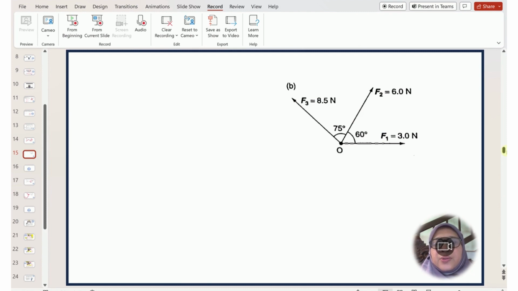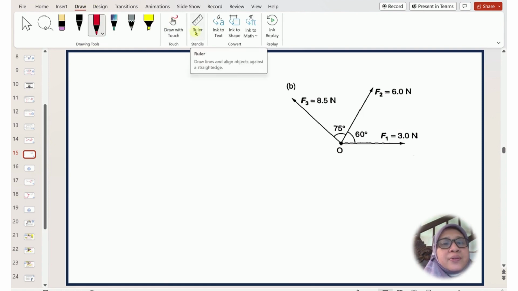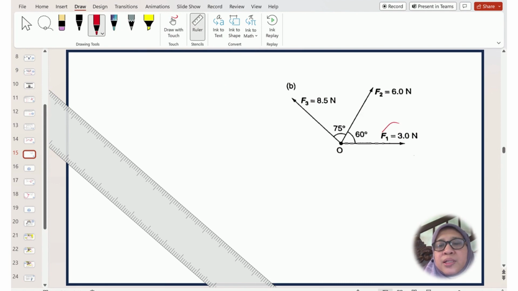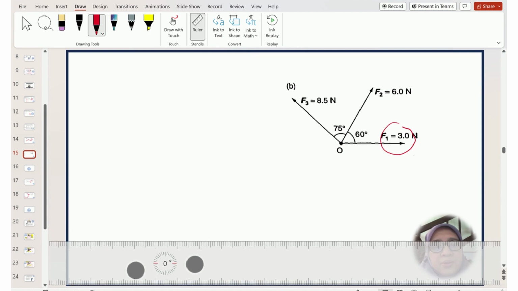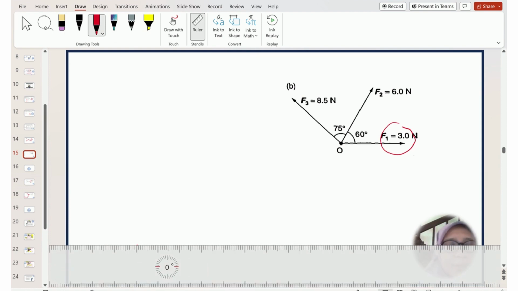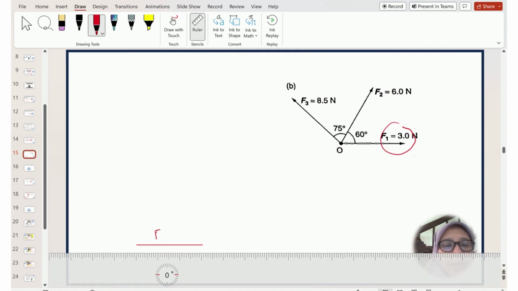Next we are going to draw the vector diagram for B to scale. We start with F1. Use a ruler. F1 is 3 Newton, so we draw 3 centimeter. 1, 2, 3. So that is F1, 3 Newton.